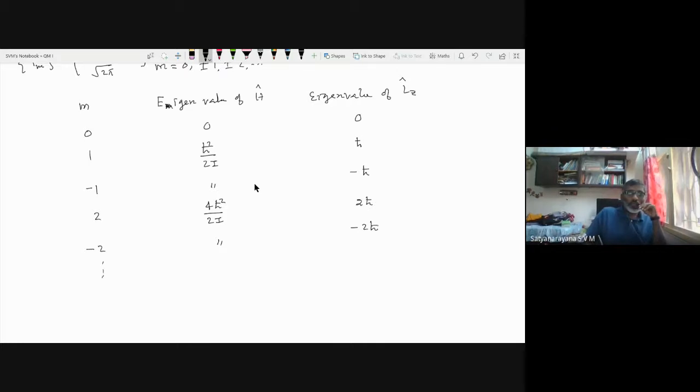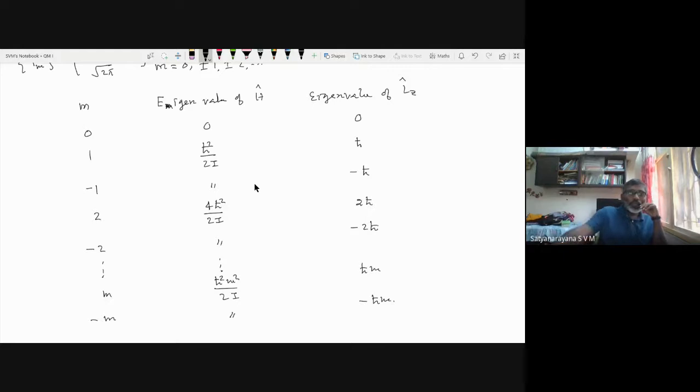If you go on doing this, for some arbitrary m, this is h bar square m square by 2I, and this is h bar m, and for minus m, this is the same, and this is minus h bar m.